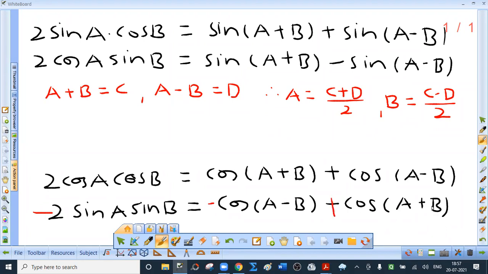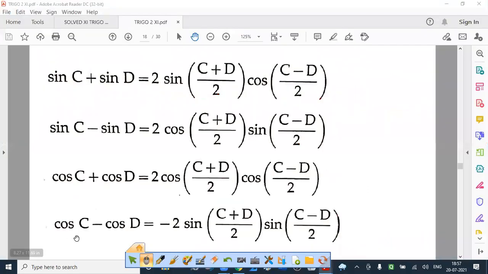So cos C minus cos D equal to -2 sin of C plus D by 2 into sin of C minus D by 2. You can see here. Yes. So this is about factorization formula.